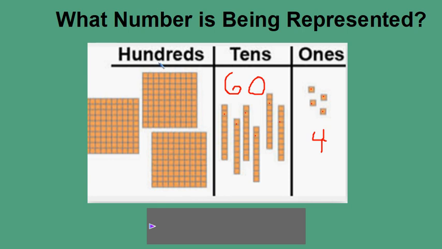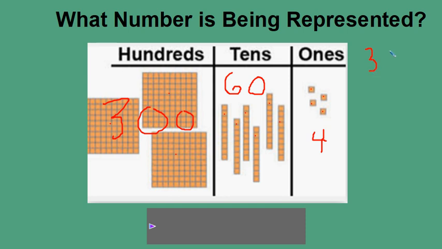Now let's go to the hundreds place. And remember, each of these is worth 100. 100, 200, 300. So in the hundreds place, I have 300. In the tens place, 60. In the ones place, 4.